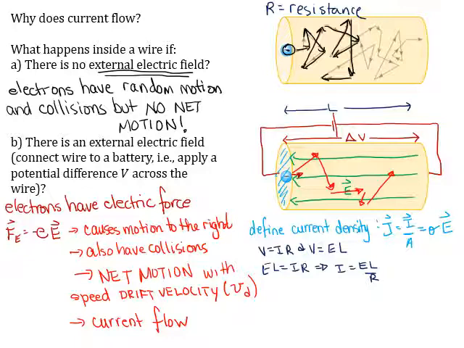Let's put in that current is electric field times L over R. So J is I over A. So E times L over A times R. Remember, we also said that current density was sigma times E. This shows us that sigma must be L over A times R.